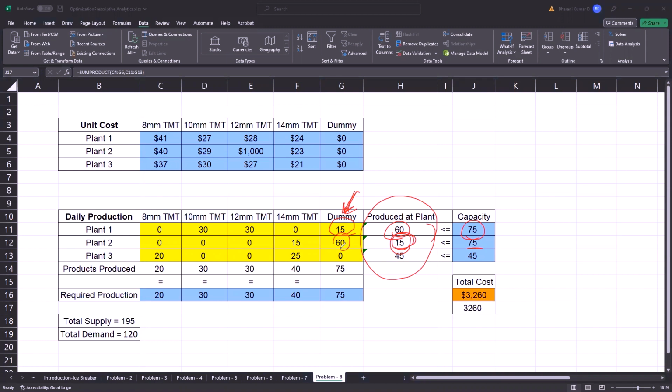What about another 60? That will be part of dummy. Plant 3 has a capacity of 45. You consumed it completely, so there's nothing in dummy. That's it, friends. That's the only reason why you're going to have this dummy variable. It's just to make your solution look good, just to ensure that there is some balance out there.